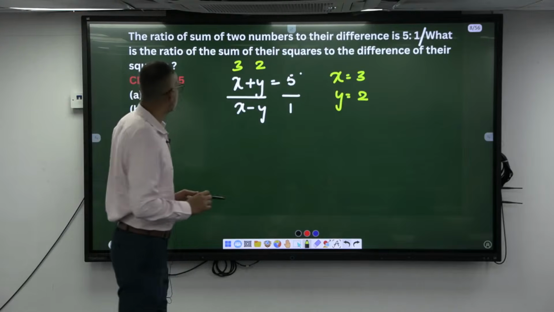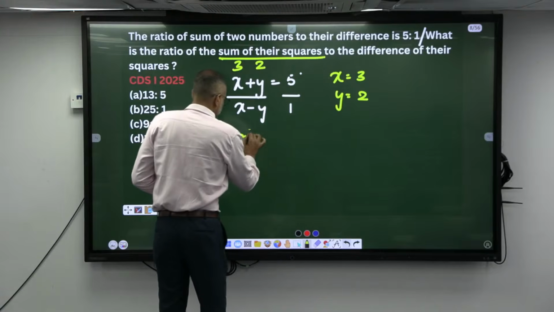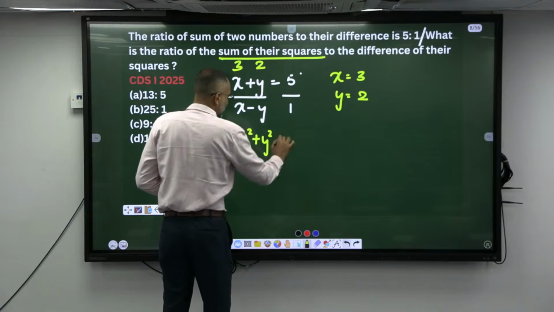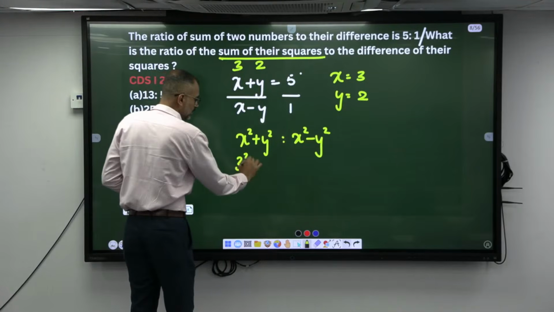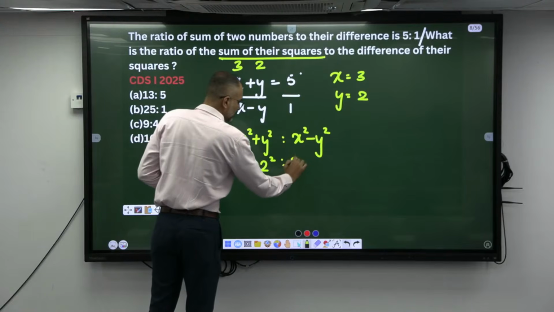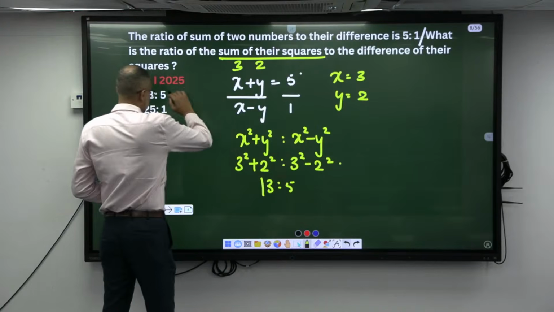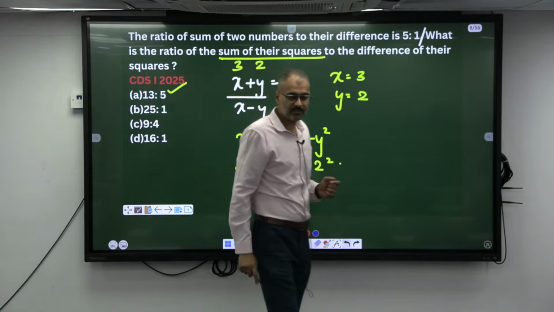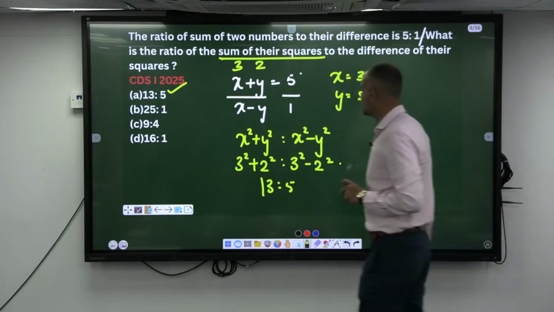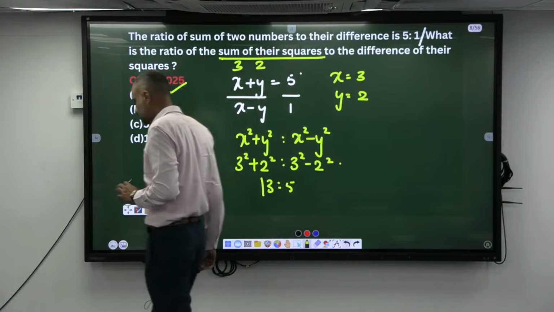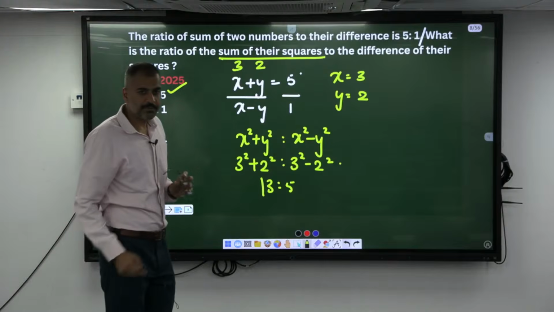So x square plus y square is to x square minus y square. 3 square plus 2 square is to 3 square minus 2 square. What is your answer? Option A. Got it? Okay.